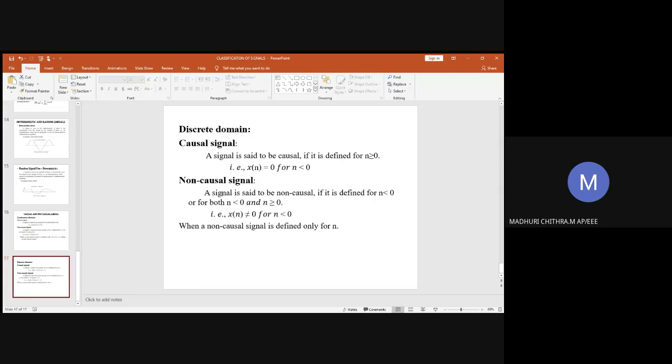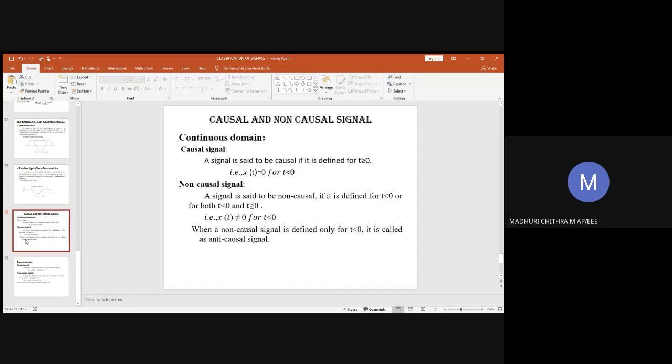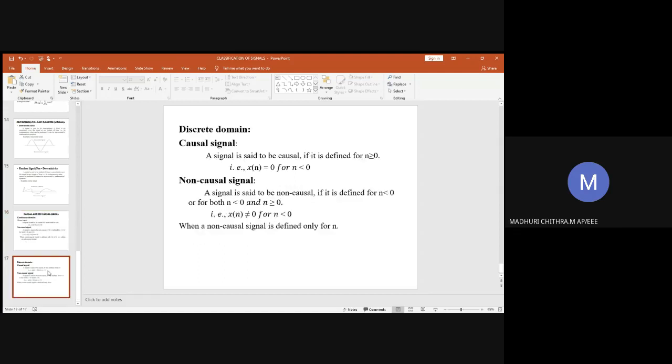A signal is said to be non-causal if it is defined for n < 0 or for both n < 0 and n ≥ 0. That is, x(n) ≠ 0 for n < 0. When a non-causal signal is defined only for n < 0, it is anti-causal. So that's all about the classification of the signals.